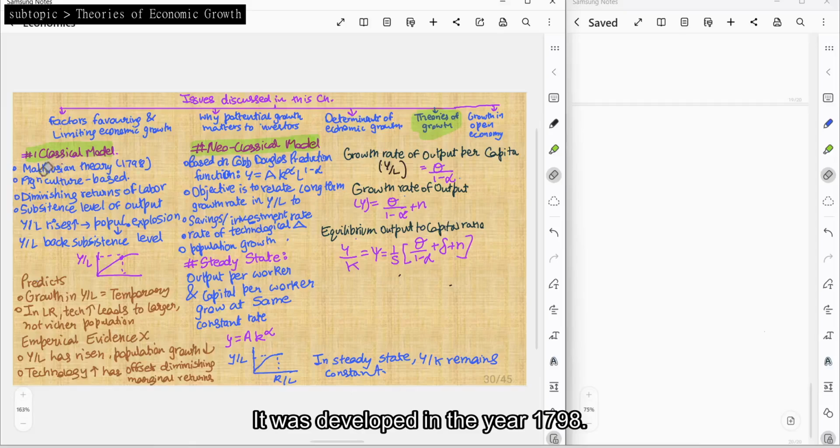It was developed in the year 1798, and one thing to note about this theory is it was created at the time when the economies used to be primarily agriculture based economies. So, this is a fairly old theory, and capital is not even an input.